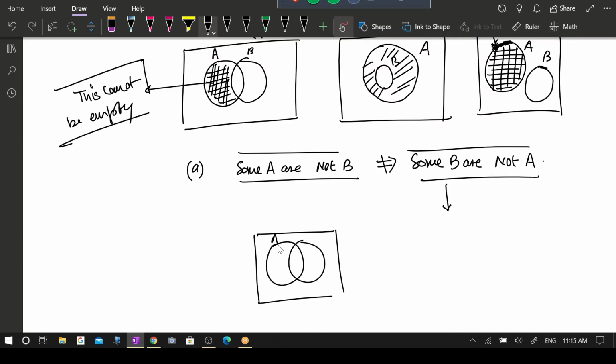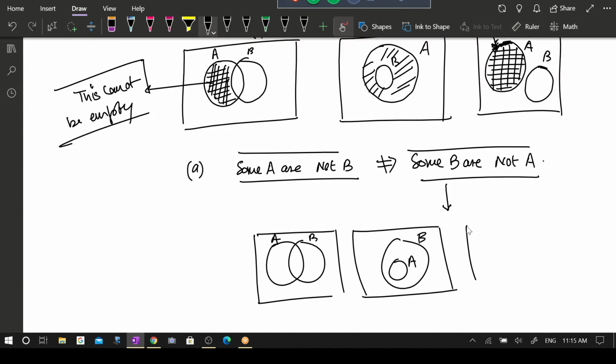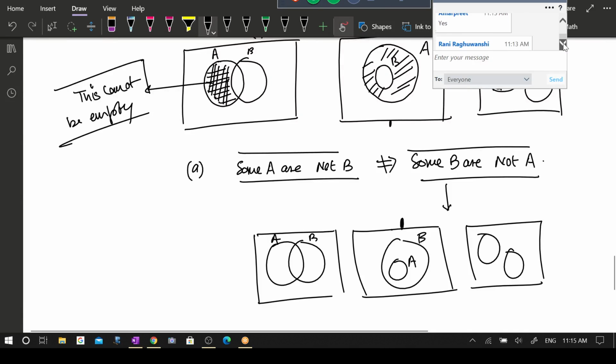Some B are not A in the second diagram, and the third diagram as well. You realize that this diagram and this diagram do not match. So that is the reason. Remember, some A are not B does not imply some B are not A. Keep this in mind.